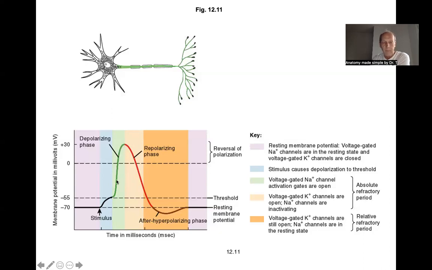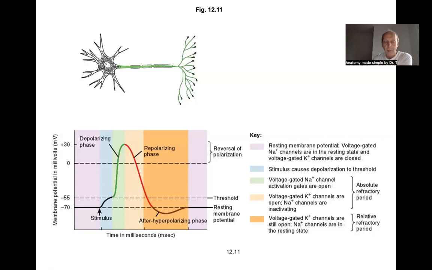That part of the action potential is what we call the depolarizing phase. When the depolarizing phase reaches its peak, certain channels have no further incentive to stay open. Quite the opposite, they shut themselves closed.